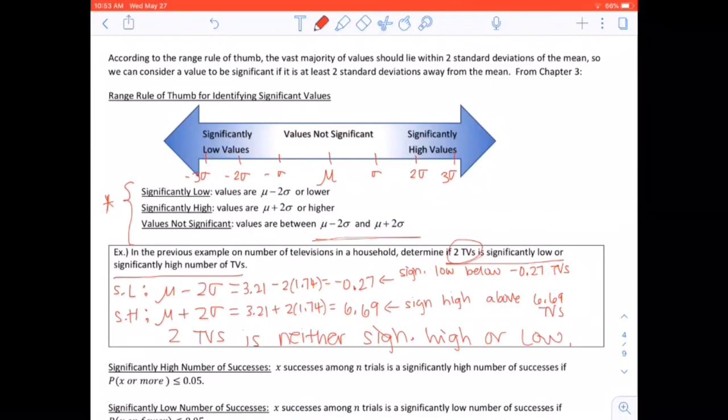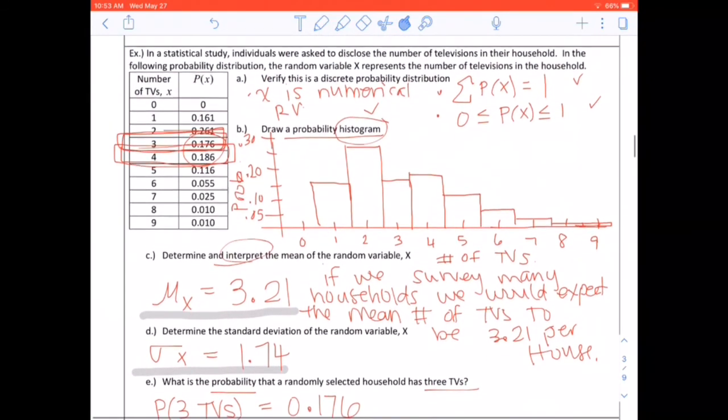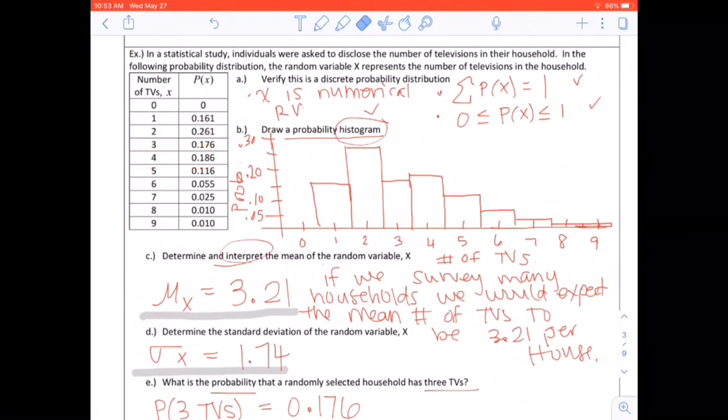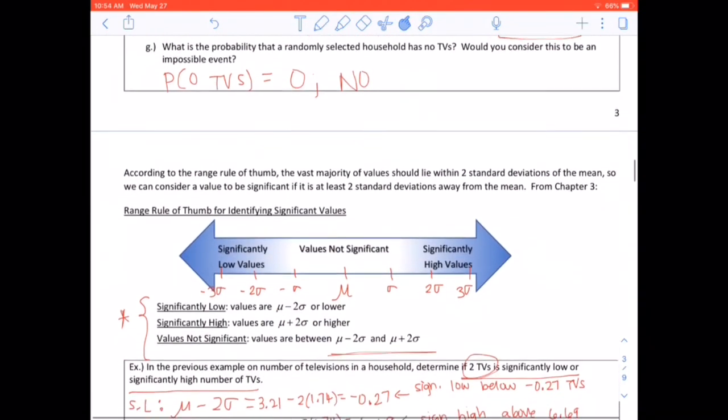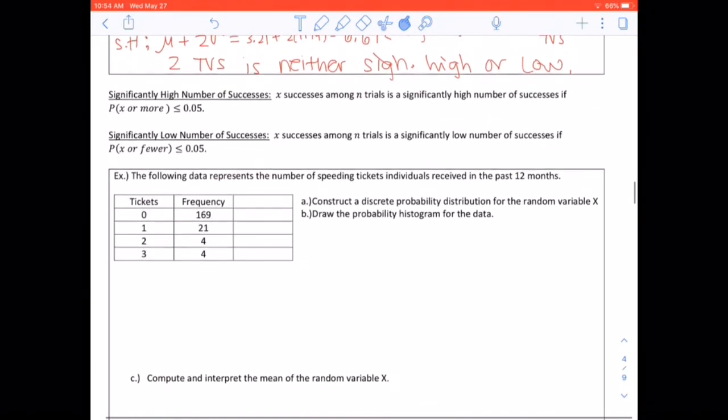Another way to look at that is to look at your probabilities and see what the probability is. That was the second way that we learned in Chapter 3 of doing this. If you were to look at the probability of owning 2 TVs, you notice that value is rather large, it's greater than 0.05, and so therefore we could say that is another way to look at that. The next thing on here is talking exactly about what that is.